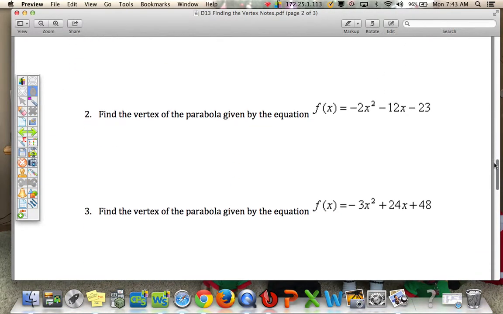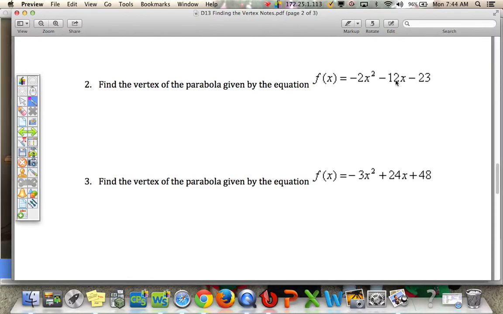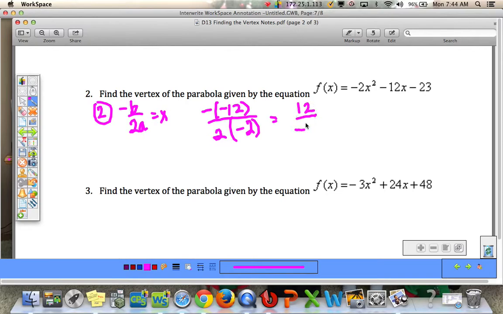Find the vertex of this parabola. First step, put in standard form, and it is. Second step, plug into opposite b over 2a to get x. So that would be opposite of negative 12 over 2 times a, which is negative 2. We get 12 over negative 4, which would give us negative 3. So here x equals negative 3.